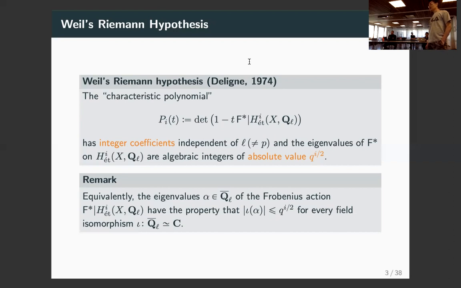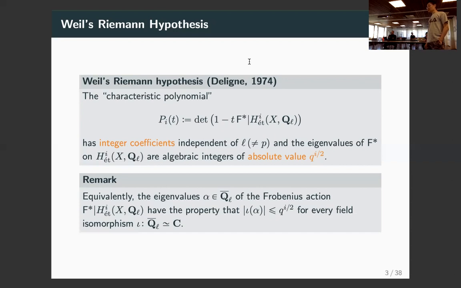Because this is for the Frobenius action on this Q_l vector space, it has a priori Q_l coefficients, so all eigenvalues are in Q_l bar. The statement is equivalent to the following: the eigenvalues in Q_l bar have the property that for any field isomorphism iota from Q_l bar to C, the absolute value of iota(alpha) in C is less than or equal to q^(i/2).